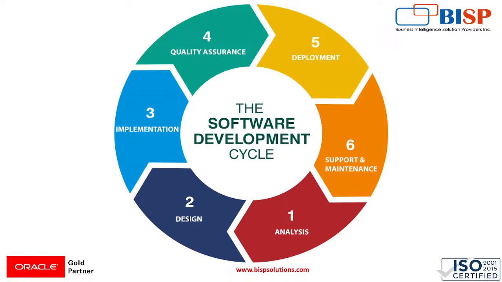It is a structured approach to software development consisting of several phases that guide the process of planning, designing, building, testing, and maintaining a software system. The SDLC provides a framework for developing high quality software in a systematic and more efficient manner.